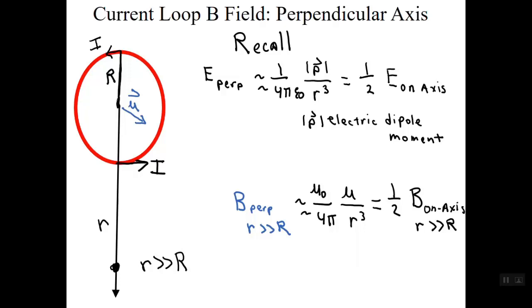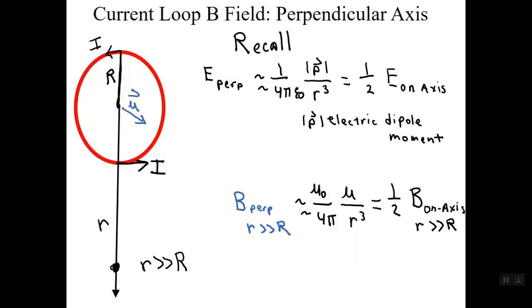The direction of the magnetic field on a perpendicular axis can also be found using the right-hand rule for currents. At the part of the loop closest to the observation location on the perpendicular axis, encircle the current-carrying loop with your right hand. For this particular example, you would encircle the bottom part of the loop, making sure your thumb points in the direction of capital I, and place your fingertips of the right hand at the observation location.